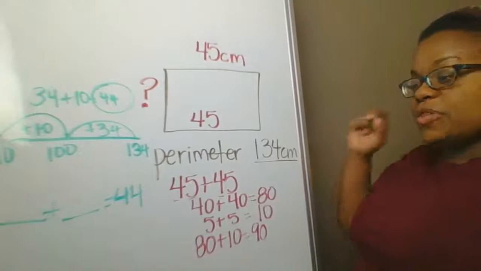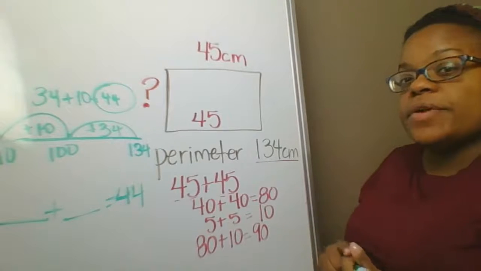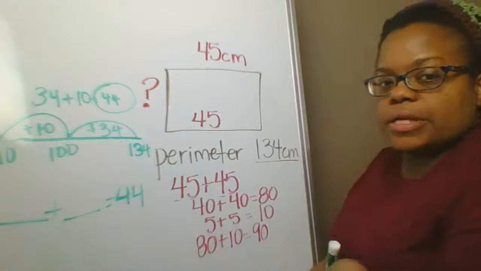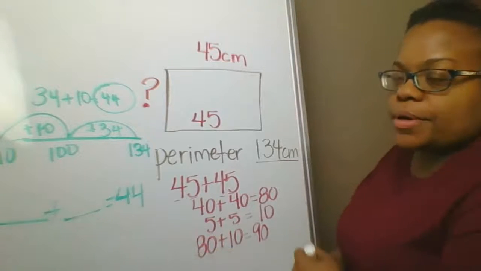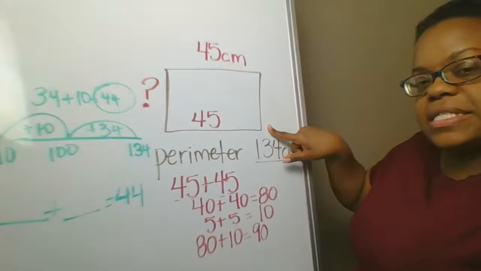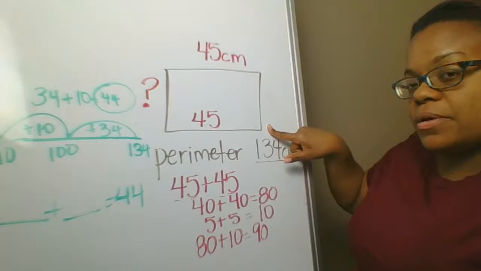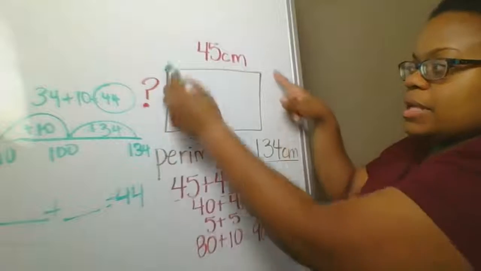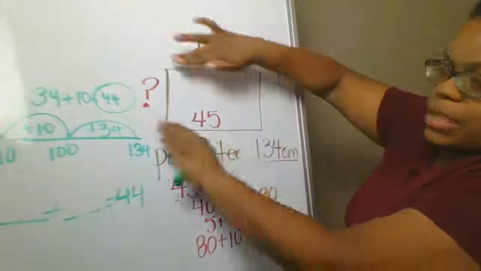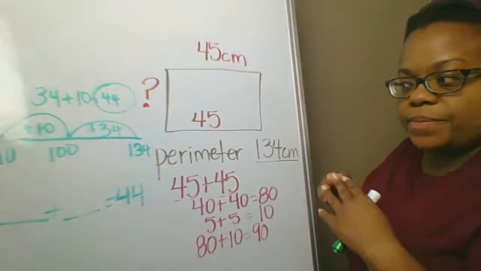So as I'm thinking, I know that whatever number I put in the blank has to be the same. So I can't put two different numbers. It has to be the same number, because this side of a rectangle is the same size as the opposite side of the rectangle. So these two parallel lines have to be the same amount, just like these two parallel lines had to be the same amount.